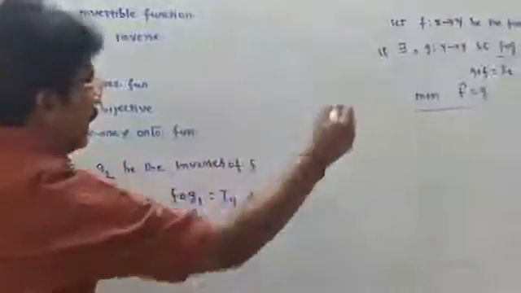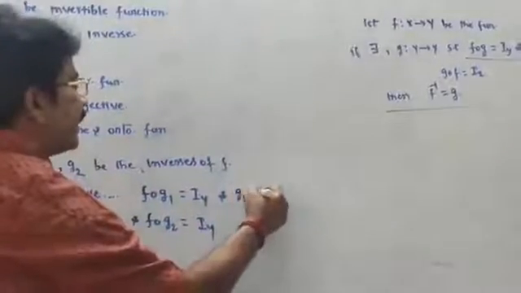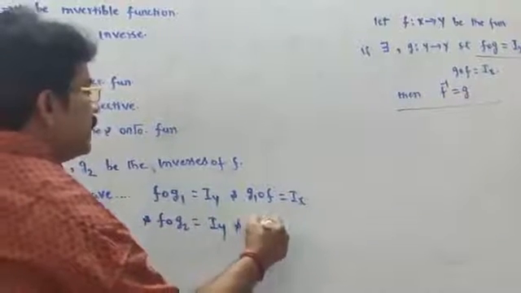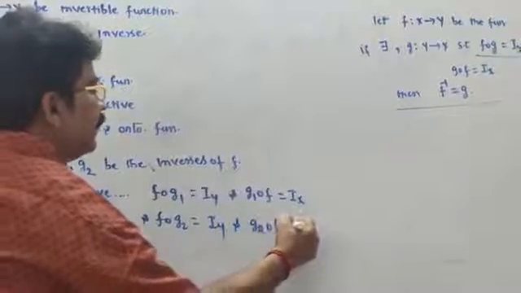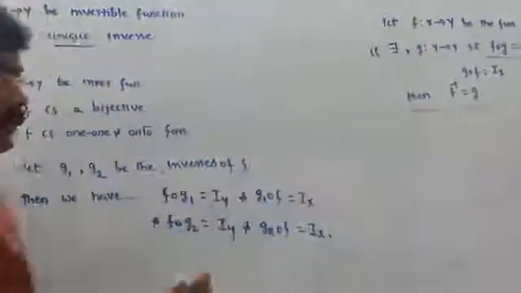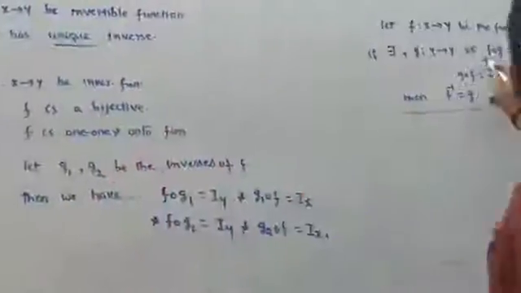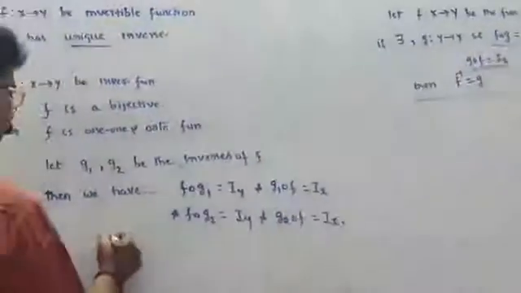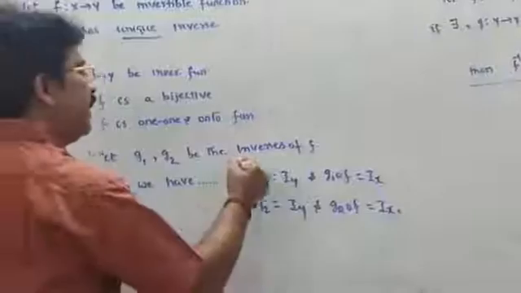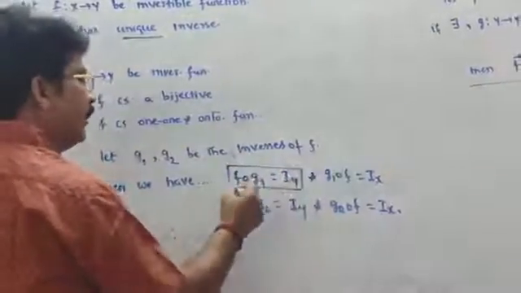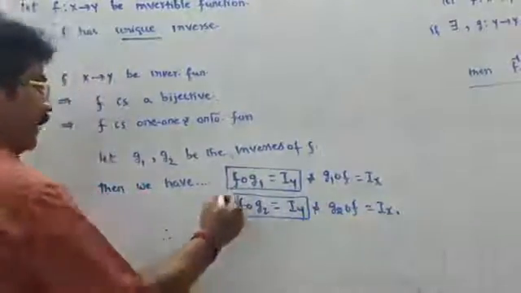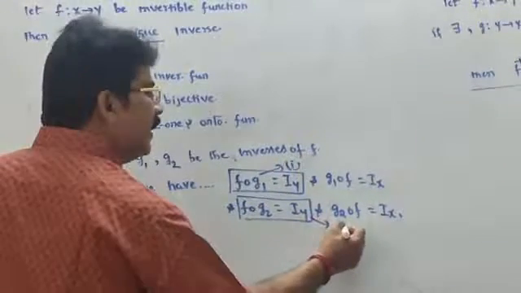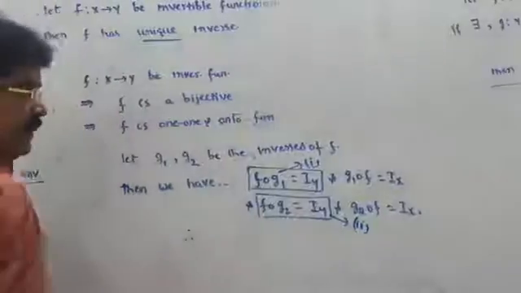Next, second condition: g1 circle f equal to I x and g2 circle f is also I x, according to this definition. Let it be number 1, and this one number 2 equation.